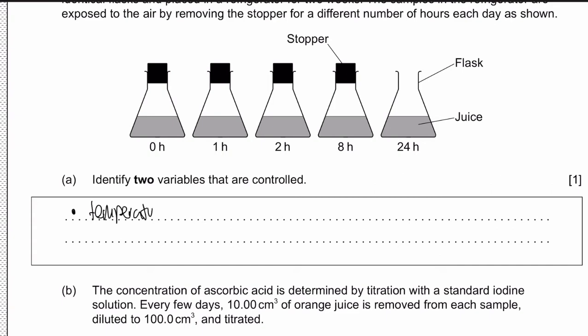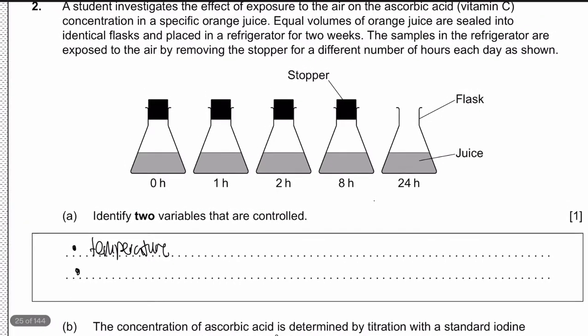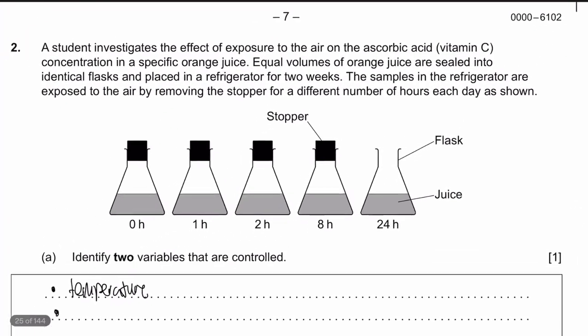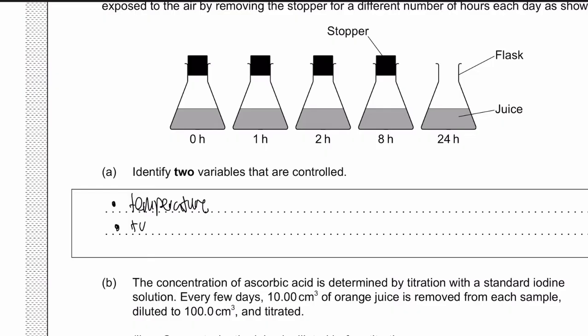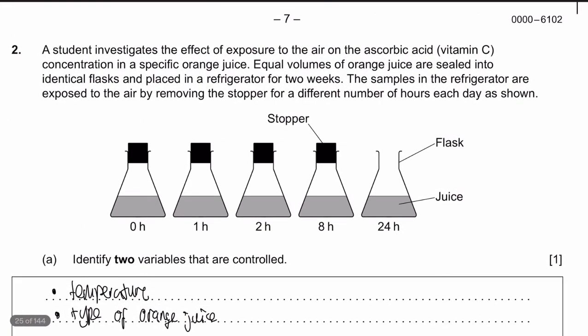They're all in the same environment. We're directly controlling that. And we're using orange juice, right? So I guess type of orange juice, source of orange juice, however you want to say it. Does it say if it's freshly squeezed or bottled orange juice? It says a specific orange juice.